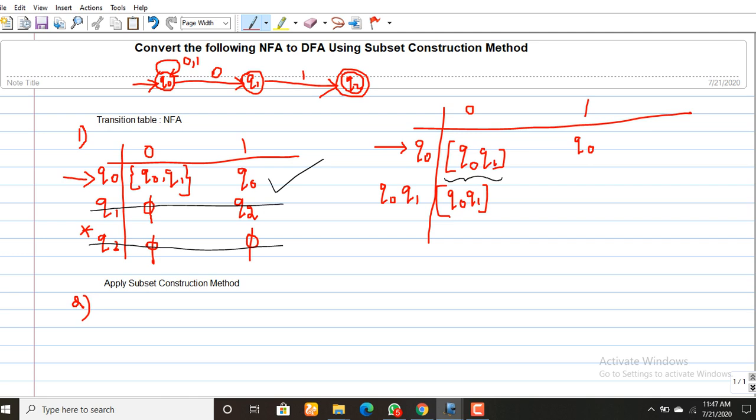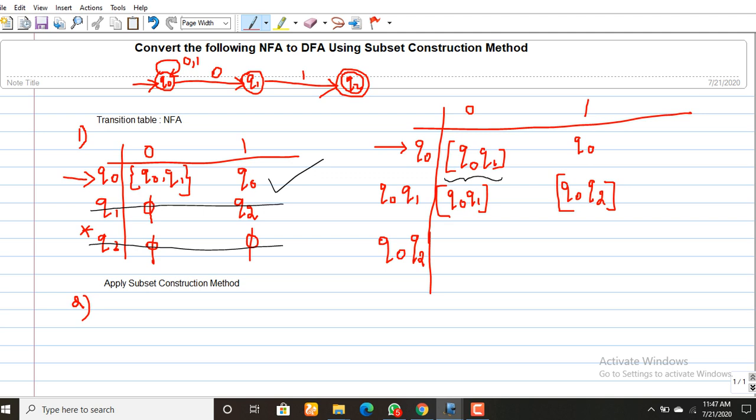What about 1? Q0 on receiving 1 retains the same state Q0. On receiving 1, Q1 goes to the Q2 state. So one more new state is added here. That is why I insert this state into the left hand side: Q0, Q2, because this is your new state.